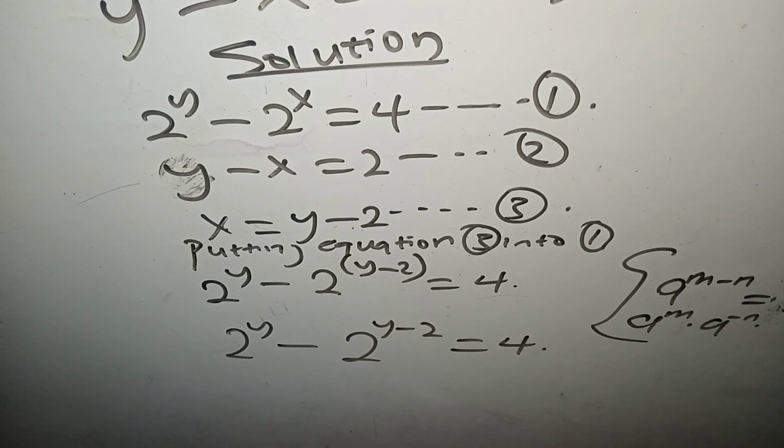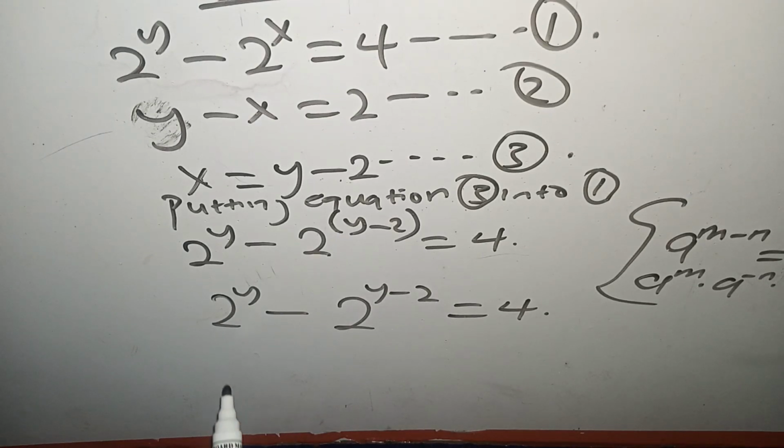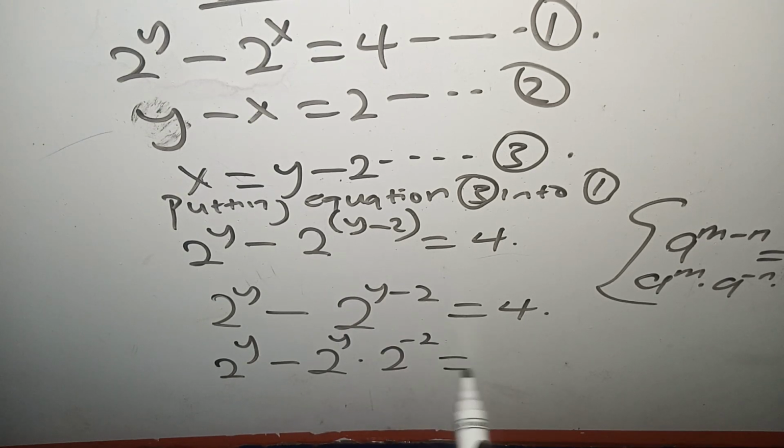Okay, obeying that rule, at this point we are having 2 to the power of y minus 2 to the power of y times 2 to the power of minus 2 is equal to 4.